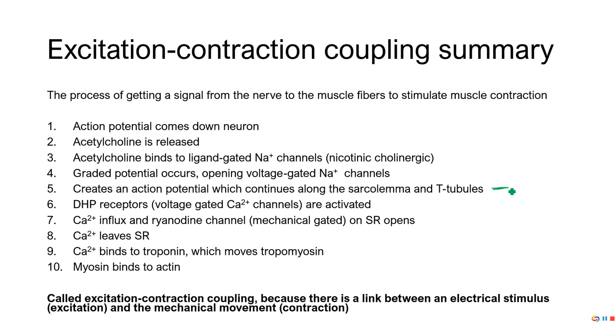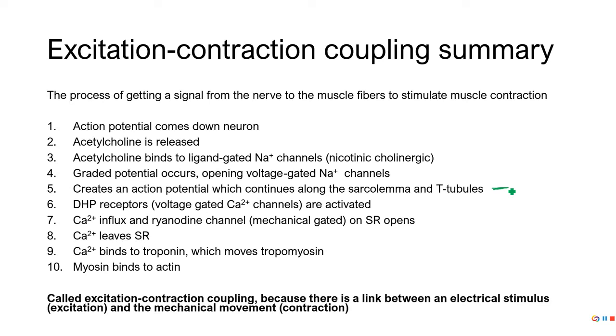At the same time, when that DHP receptor is activated, it opens a mechanically gated channel on the sarcoplasmic reticulum. And if you remember from the first video, that's where we store a lot of calcium. So as a result, we have calcium coming in from the outside through the DHP channel, and then we have calcium going into the sarcoplasm from the sarcoplasmic reticulum.